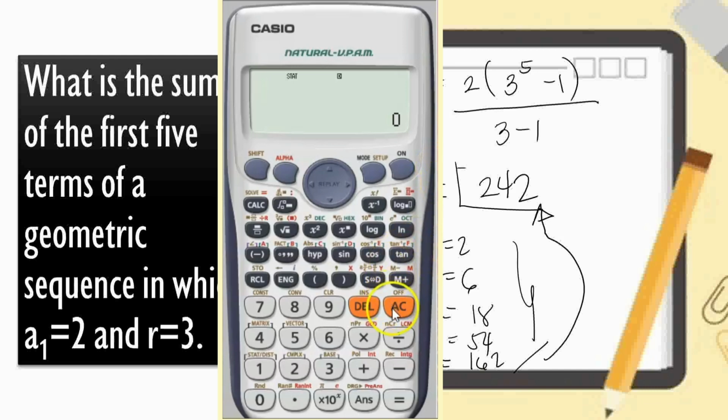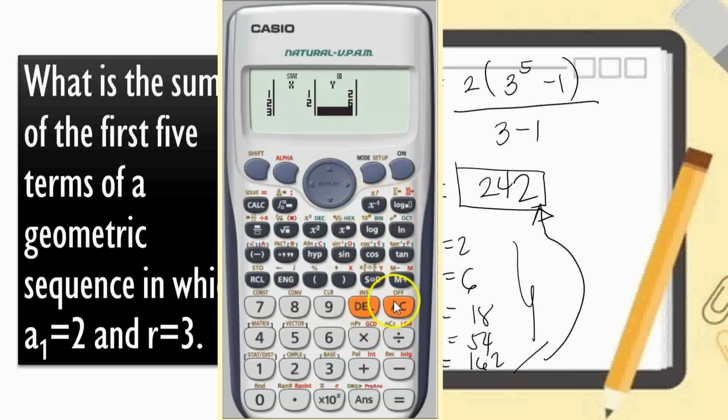So, given tayo ng first term. So, first term and then yung second term na lang din para mas madali. So, yung first term, that is 2. So, yung second term lang naman is 6. Para makuha yung second term, multiply lang natin yung first term with common ratio, that is 3. So, 2 times 3 is 6. Mas madali kung second term na lang ilagay natin. So, alam na naman ng calculator yung common ratio nun.